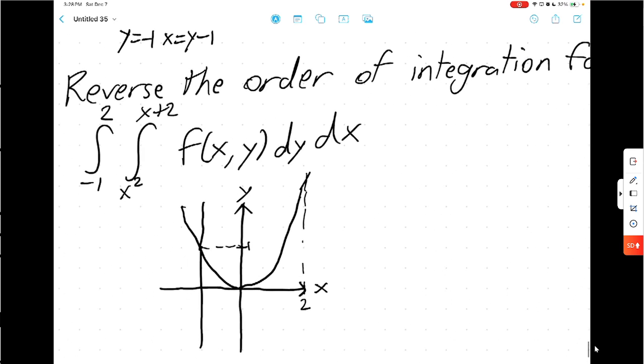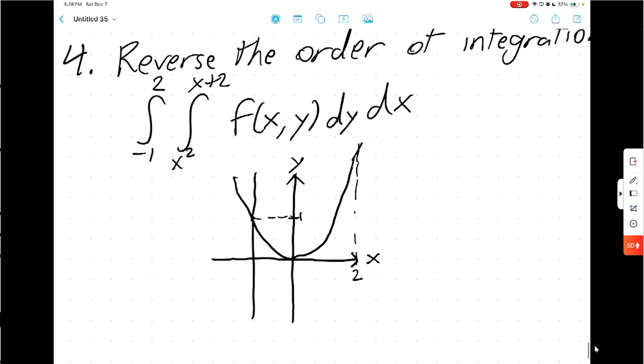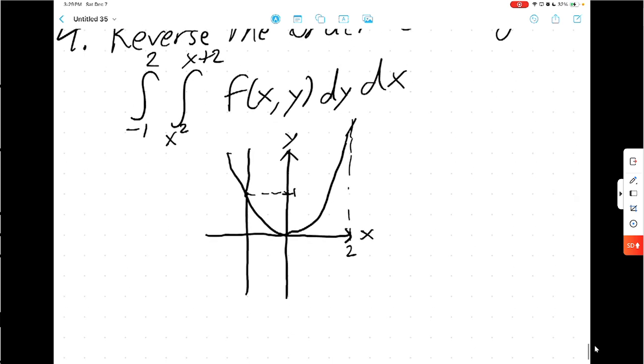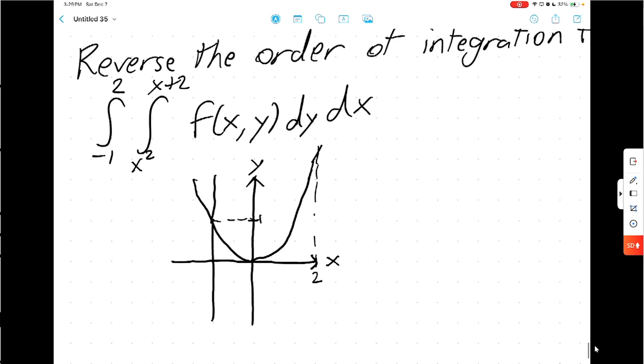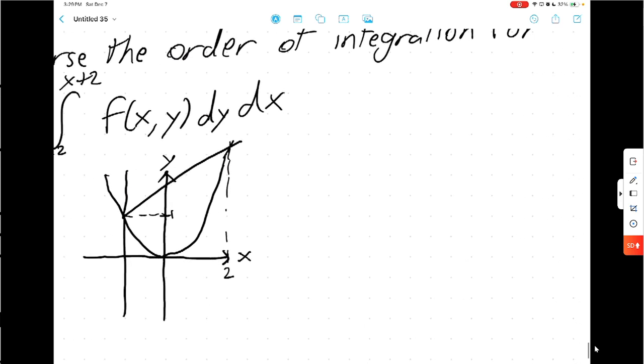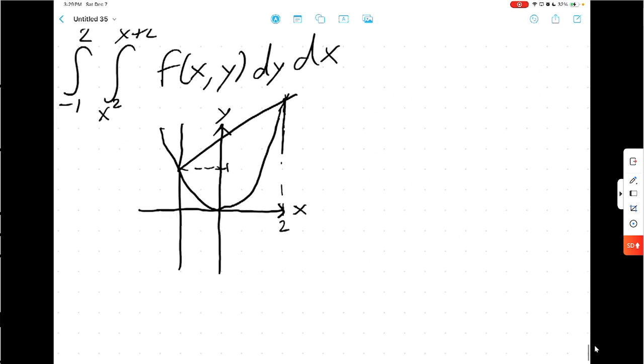We're just all the way out here. And finally, we also have x plus 2, which is going to be going from 0 to 2 all the way up to this line. This is not to scale at all, but whatever. Now, this should intersect actually between like this. And this is the region.